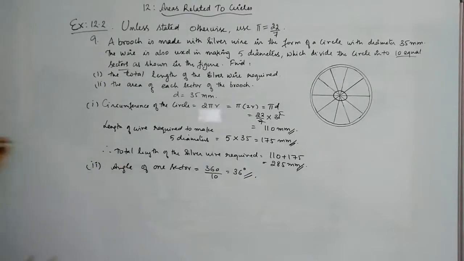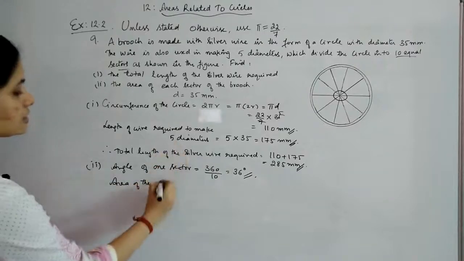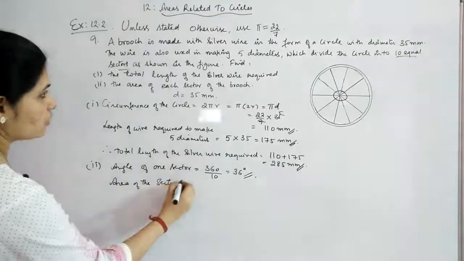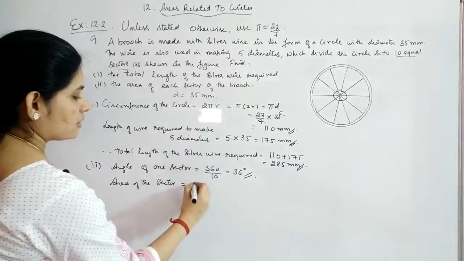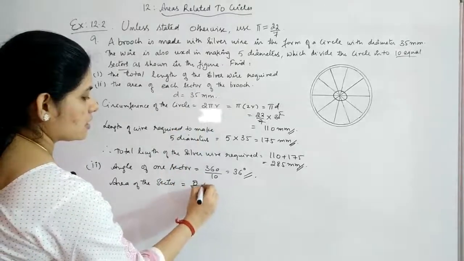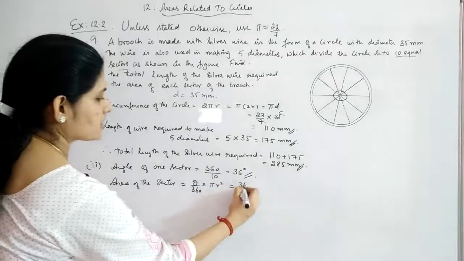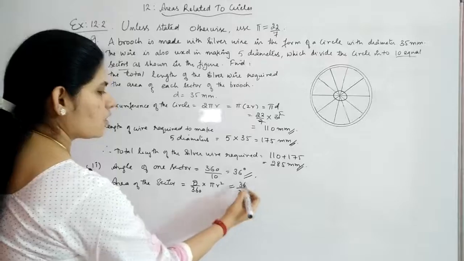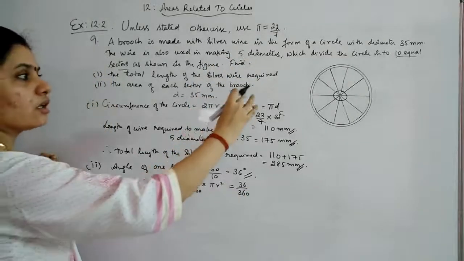Now what is the area? The area of each sector of the brooch will be theta by 360 into pi r square. Theta is 36 by 360, or you can directly write this as 1 by 10, since the total is 360.